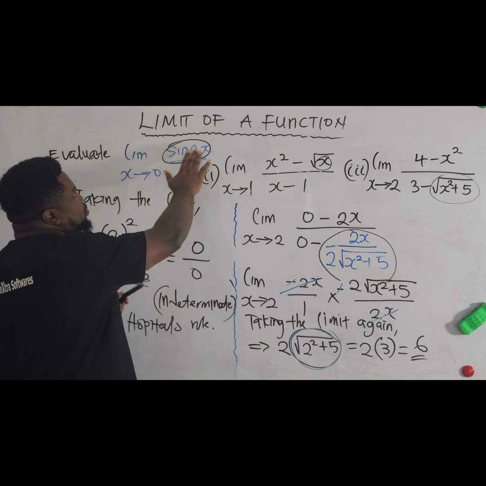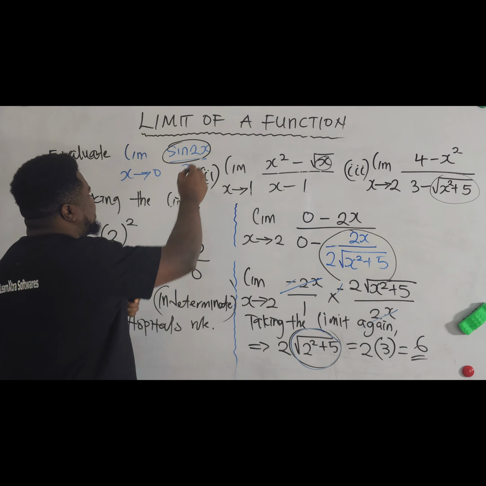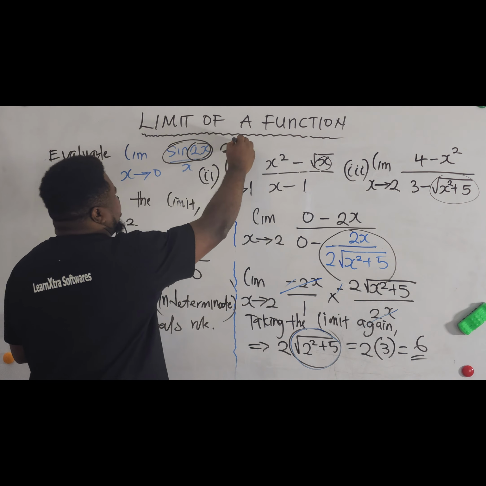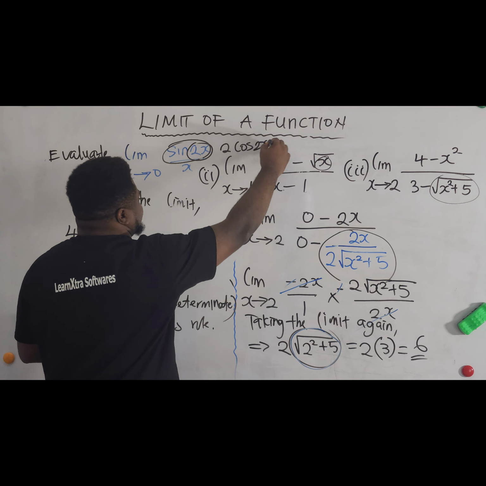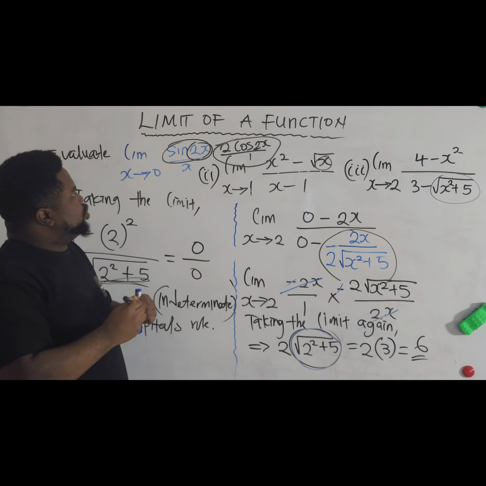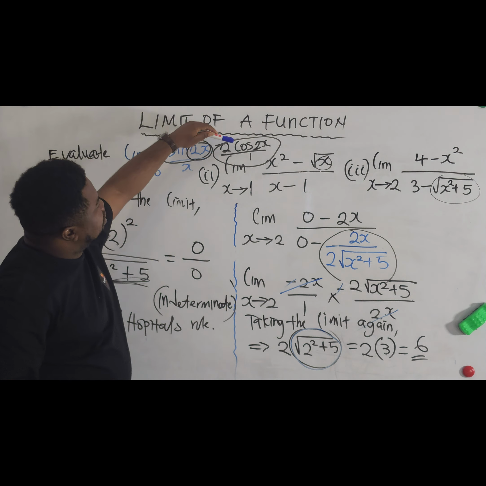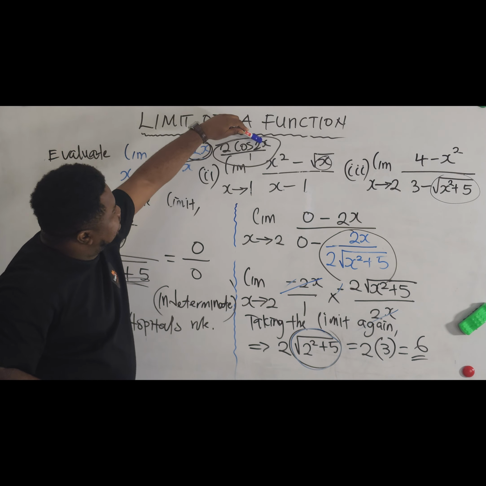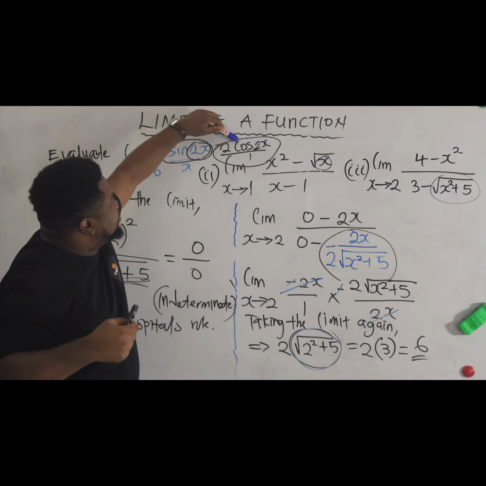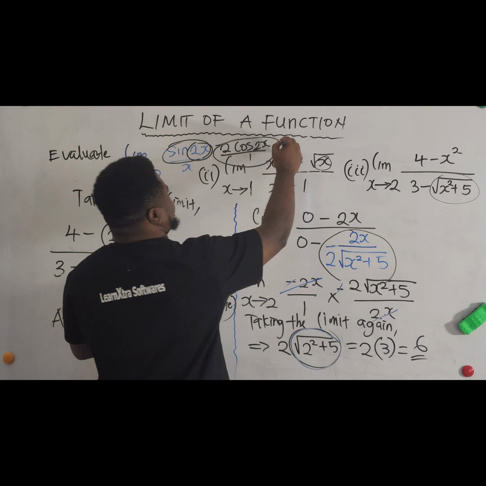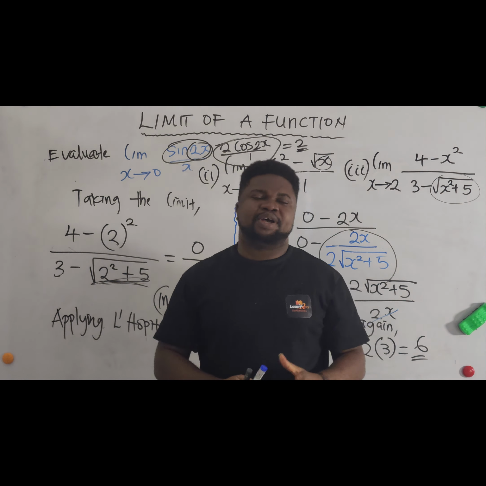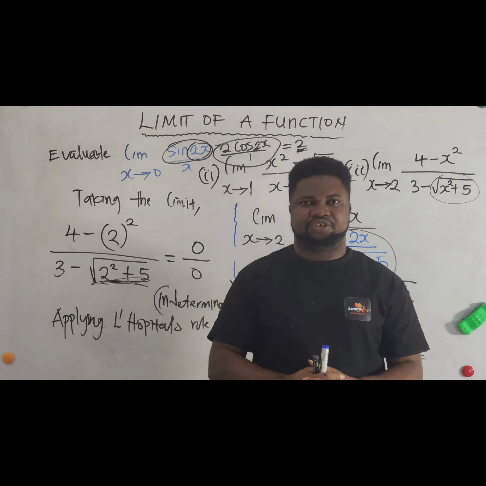So for sine 2x, differentiate 2x first to have 2. We now have sine to give us cos. 2 cos 2x all over 1. Taking the limits again, you now obtain that 2 times cos 0. Cos 0 is 1. 2 times 1, 2. 2 over 1, 2. Your success in solving limits depends on your basic knowledge of differentiation.